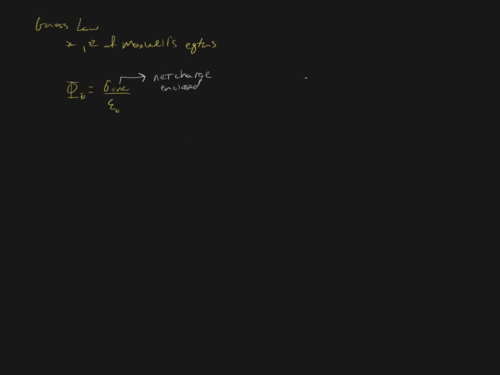So for example, if you had a positive charge here and a negative charge here, and we enclose those two charges with the appropriate Gaussian surface, what we would find is that on this side we've got electric field coming in, on this side we have electric field coming out, and combinations of going in and coming out on the other parts of our Gaussian surface.